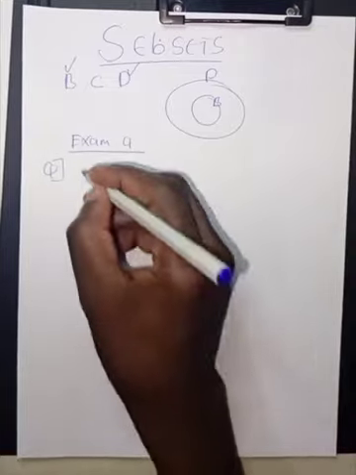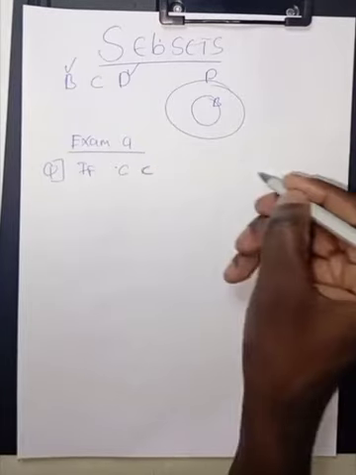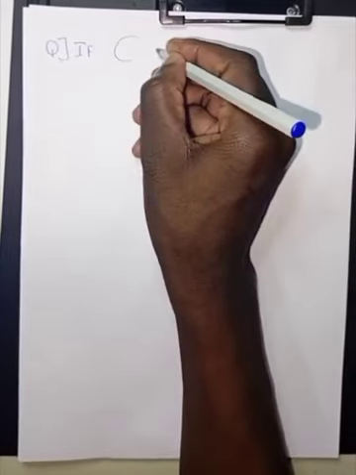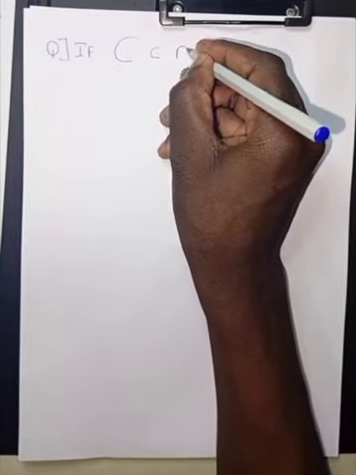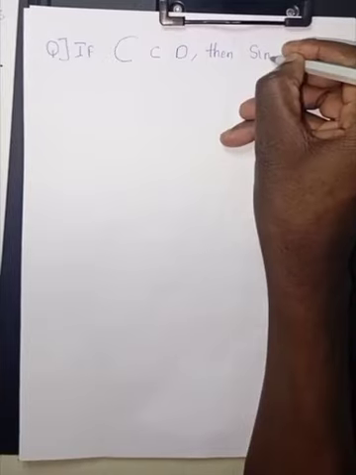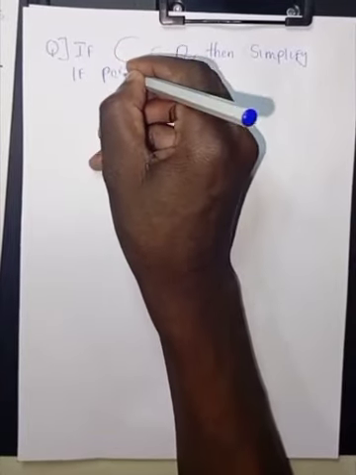The question is that if C is a subset of D, then simplify if possible.